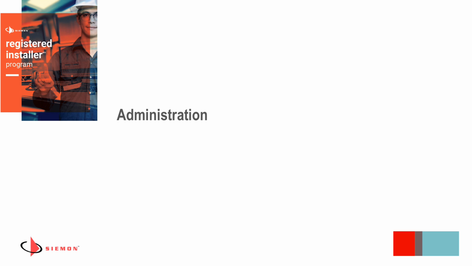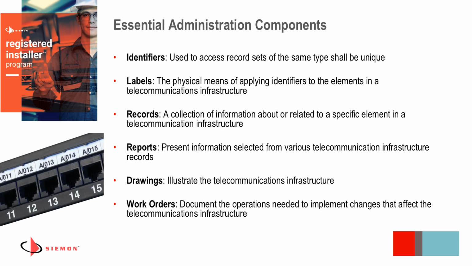The final topic we're going to cover here is administration or documentation of your cabling plant. The administration components of a good structured cabling system will have unique identifiers to basically ensure that each cable and each port has its own unique identification point. The actual labeling of the cables, the outlets, the patch panels, etc. within the infrastructure.